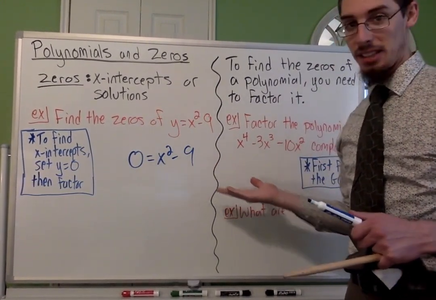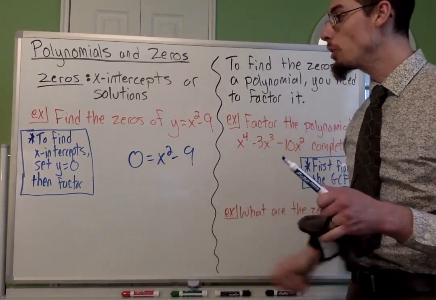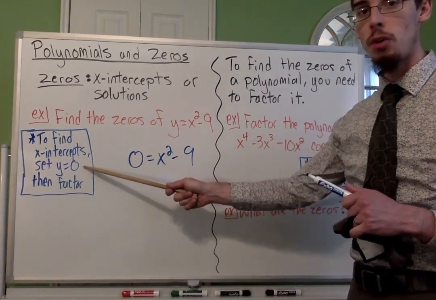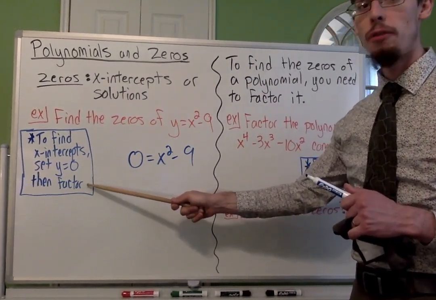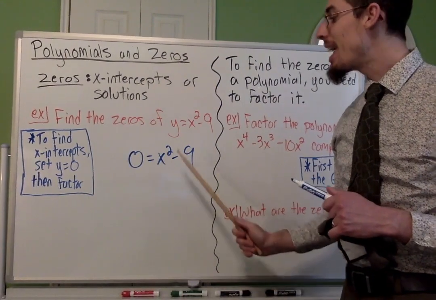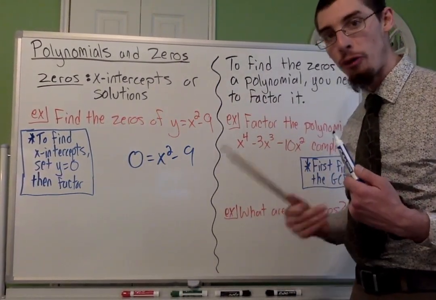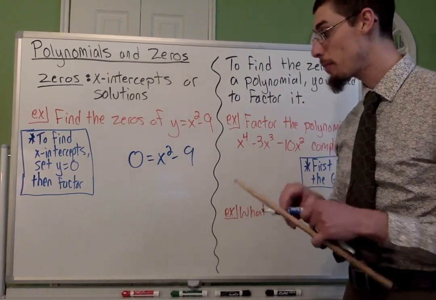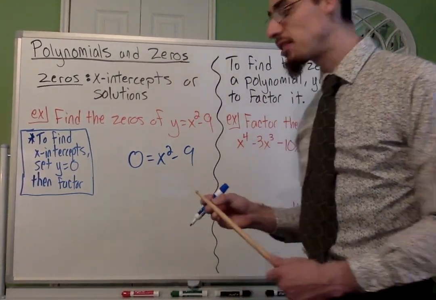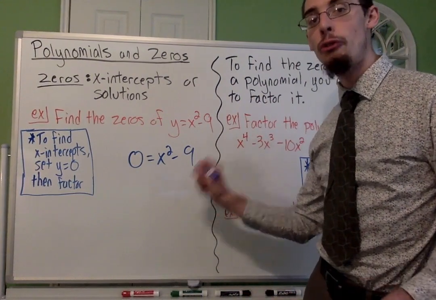But that's not all, right? Not only do I have to set y equal to 0, I also have to factor it, right? And again, this is what I was talking about when we talk about solving quadratic equations. If I want to solve this, I need to factor it.